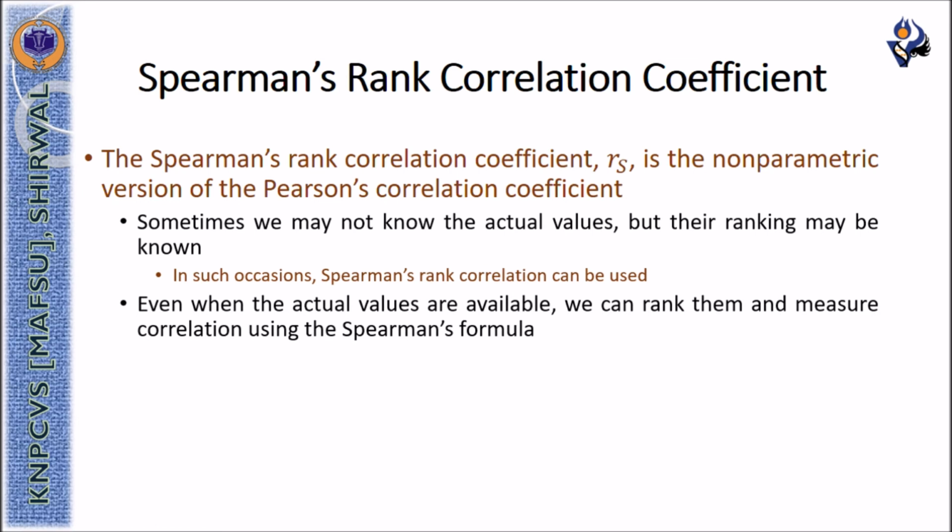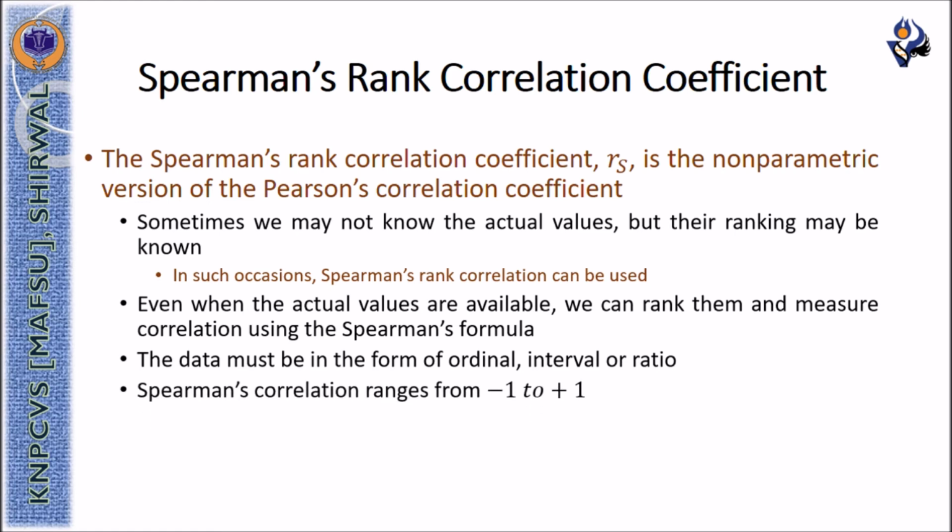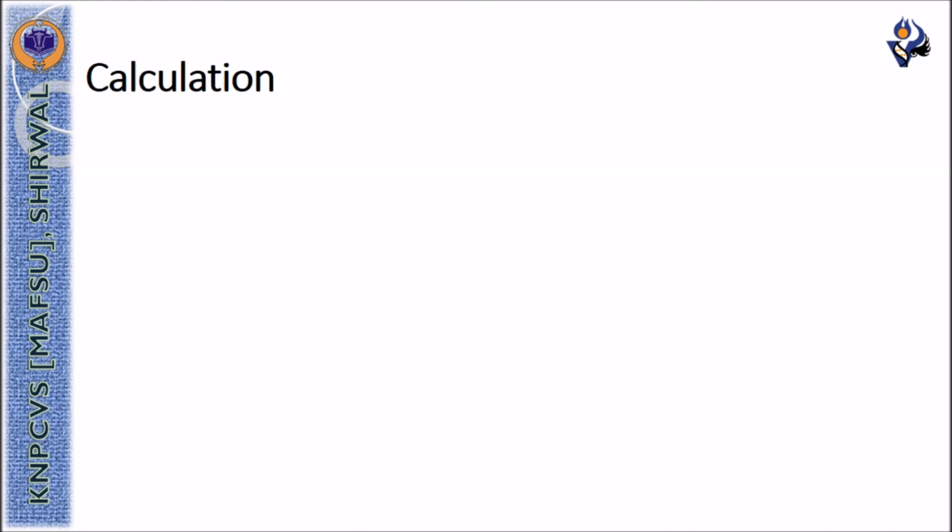Even when the actual values are available, we can rank these values and measure the correlation using Spearman's formula. Here, the data must be in the form of ordinal, interval, or ratio. Spearman's correlation also ranges between -1 and +1.